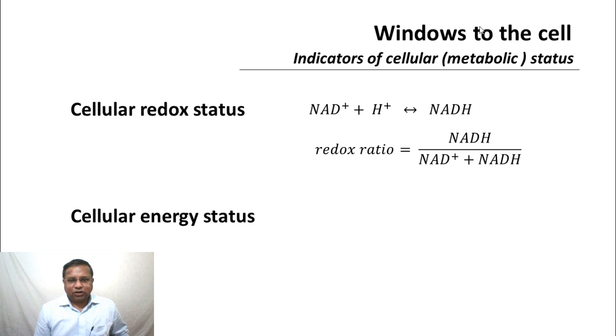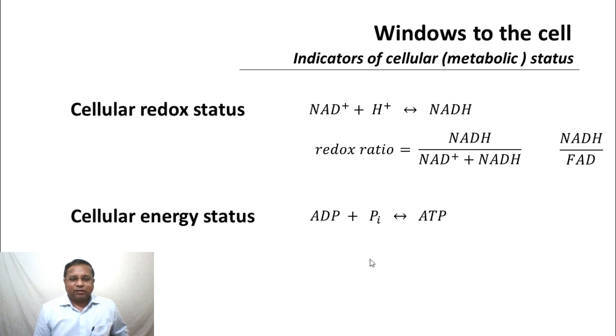Here it is the redox ratio, the NADH divided by the total NADH pool, which consists of NAD plus and NADH. Similarly, in some situations, the ratio of NADH to flavin adenine dinucleotide, another important such molecule, is also taken to be the redox ratio.